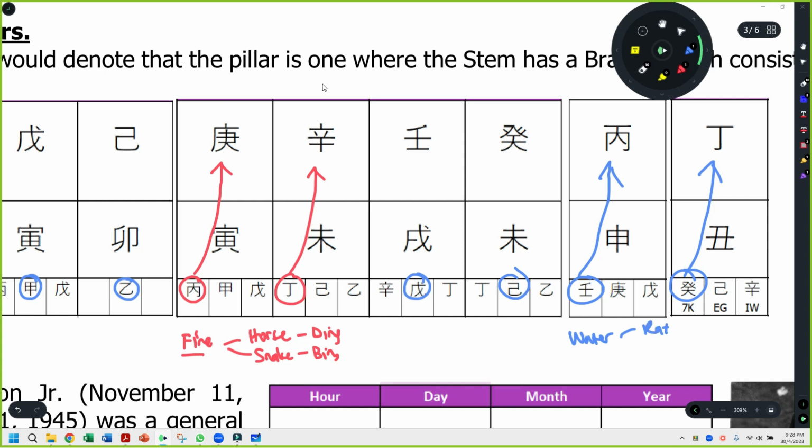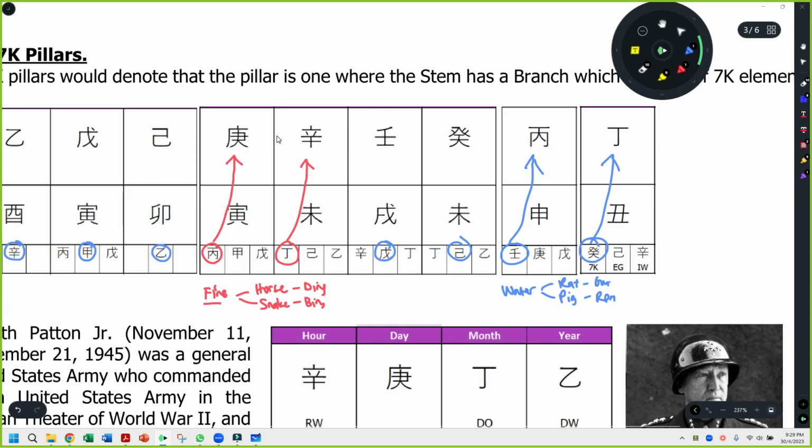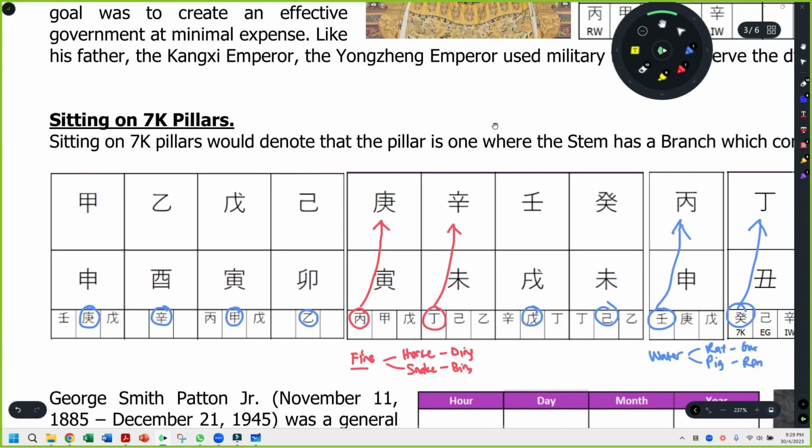We have the rat and we have the pig. The pig is yin, but beneath it is yang. Rat is yang, but inside is yin. And so for that, we find that there's no sitting. So these are where the special pillars come. So at the end of the day, we find that the Bing, the Ding, the Geng, and the Xin don't have pillars. They're sitting on 7 killing pillars. Hope you can see where it goes.